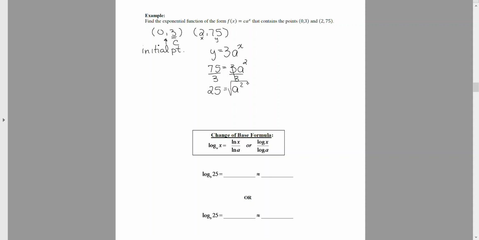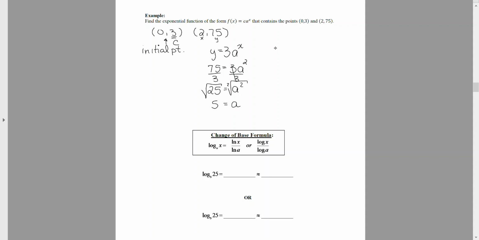So I'm going to do the square root to both sides. Now normally we would put in a plus or minus symbol because there are 2 values that would work for a. But in this instance, when we're talking about the base of an exponent, our base has got to be a positive number. So we're not going to have a plus or minus here. It's just going to be a positive 5 is equal to a.